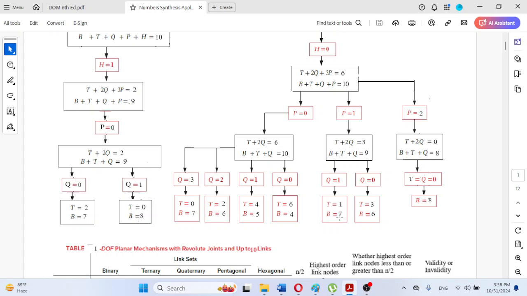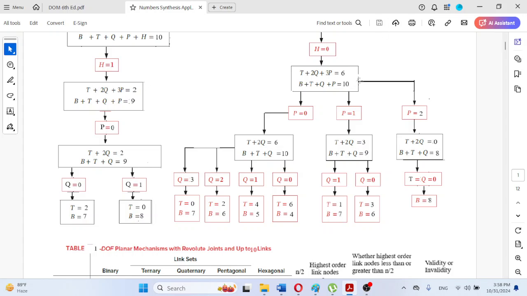So in this way the eighth set will be binary links 7, ternary link 1, quaternary link 1, and pentagonal link 1. So 7 plus 1 plus 1 plus 1, 7 plus 3 is equal to 10. So in this way the eighth set will also be obtained.